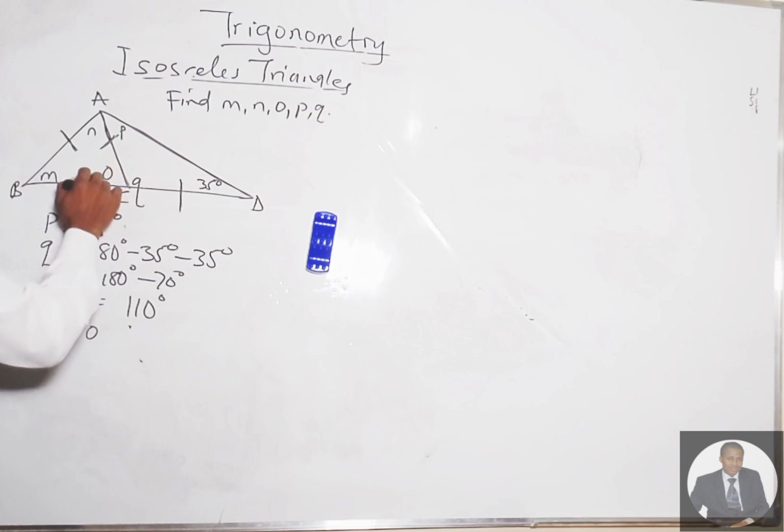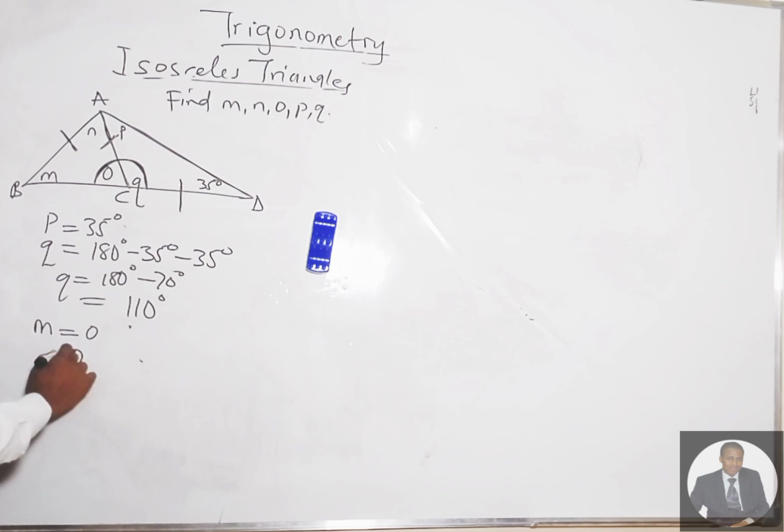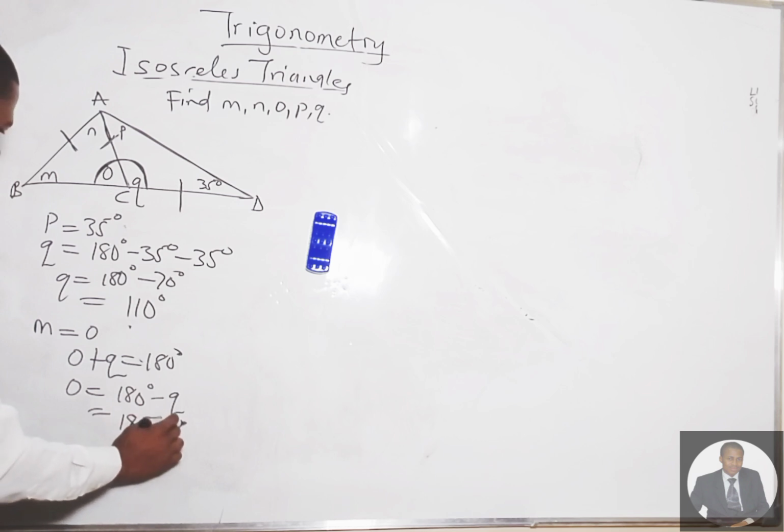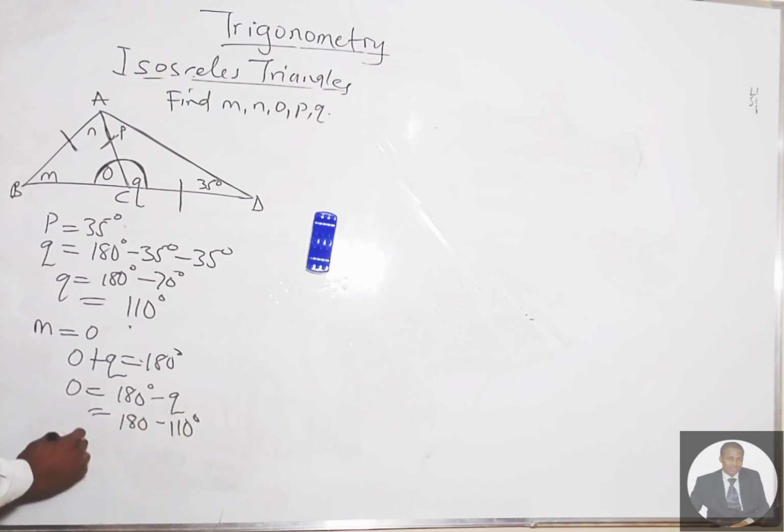We come this way. The sum of angles on a straight line is 180 degrees. So O plus Q will give us 180 degrees. O is equal to 180 degrees minus Q. And what is Q? 180 degrees minus 110. That's 70. So O gives us 70 degrees.